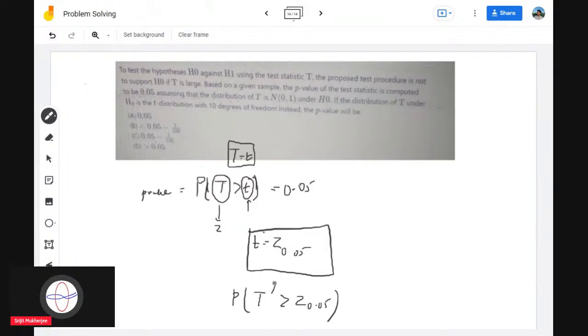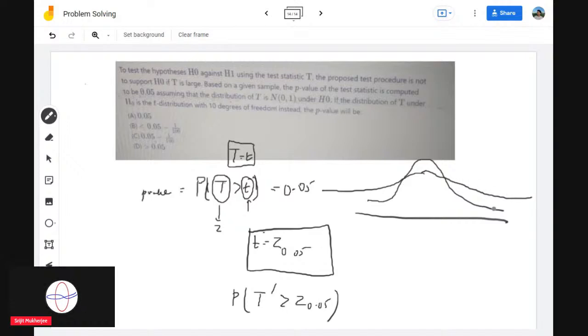The normal distribution is like this and the t distribution is much more spread out. So after z 0.05 the probability is 0.05, and since t dash is much more spread out, the probability will be greater than 0.05.